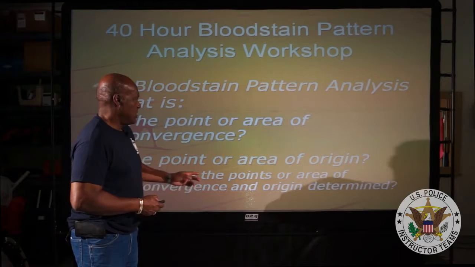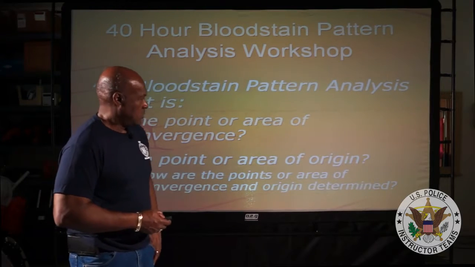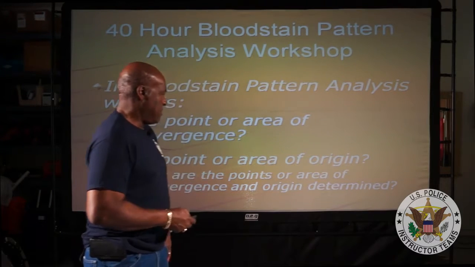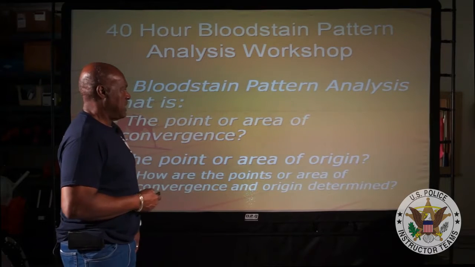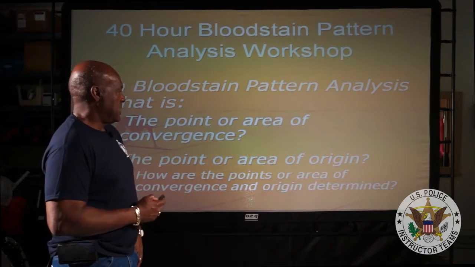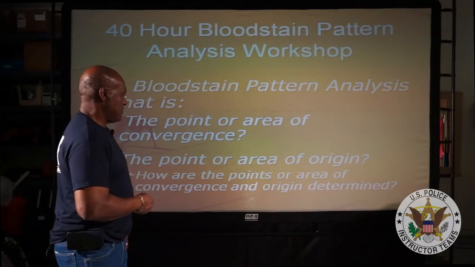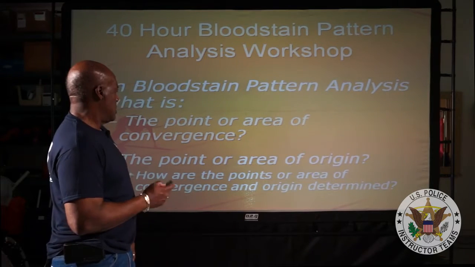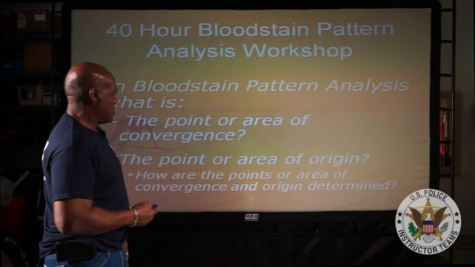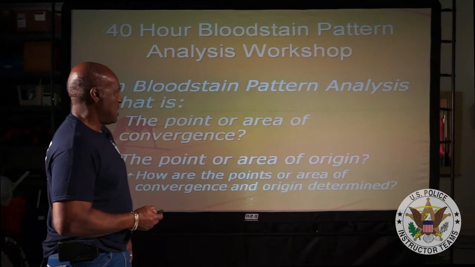The point or area of origin is three-dimensional, so we have to know the impact angle, which is determined by dividing the width of the blood stain by the length, and multiply that impact angle by the distance from the point of convergence to that spot. And that's also explained in the assignment as we get into the assignment later.